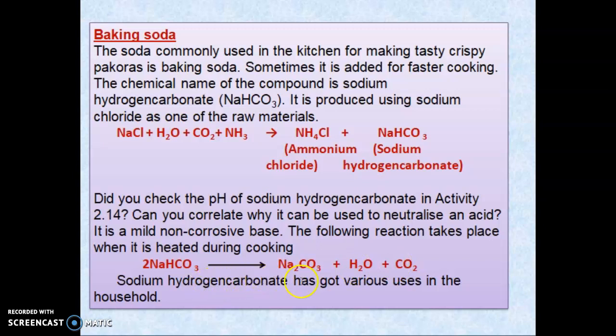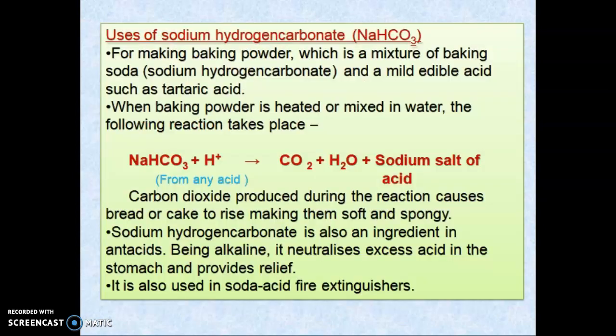Sodium hydrogen carbonate has various uses in the household. The uses of sodium hydrogen carbonate: first one, for making baking powder, which is a mixture of baking soda, that is sodium hydrogen carbonate, and a mild edible acid such as tartaric acid.